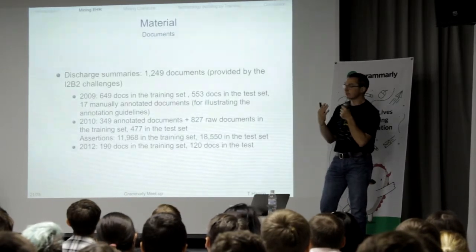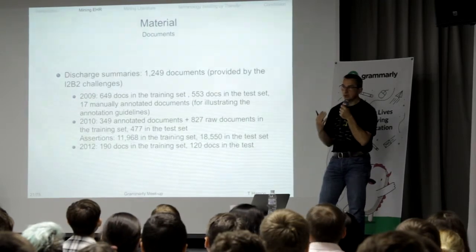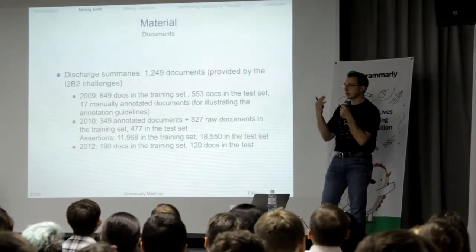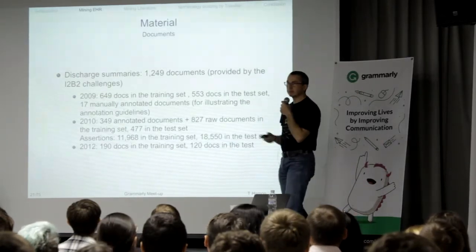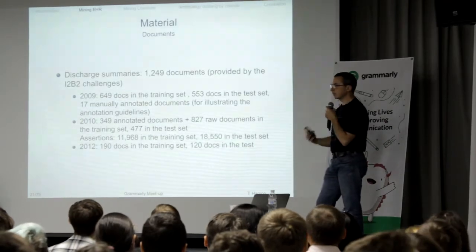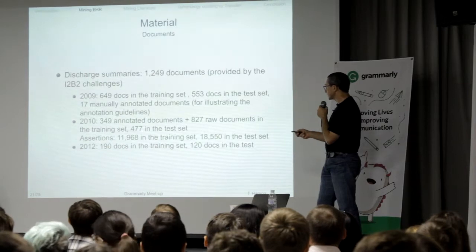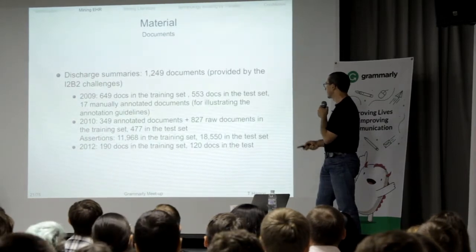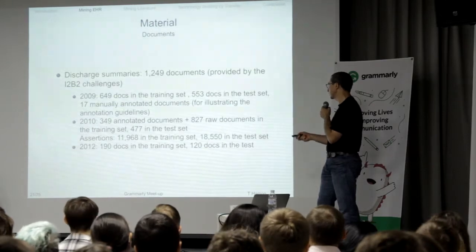So we don't have a reference to develop machine learning systems, which is important here because our system was quite good, because we developed a rule-based system. And for the other years, there are more annotated documents in the training set.